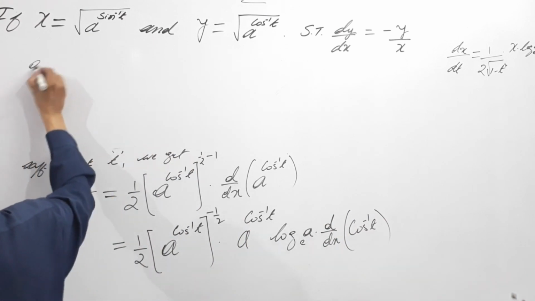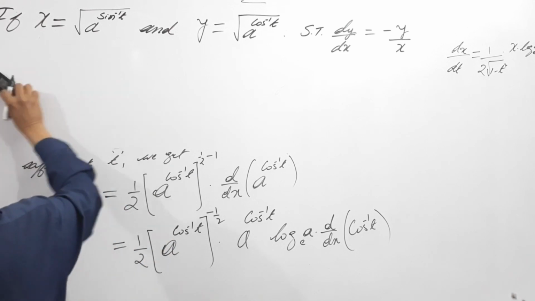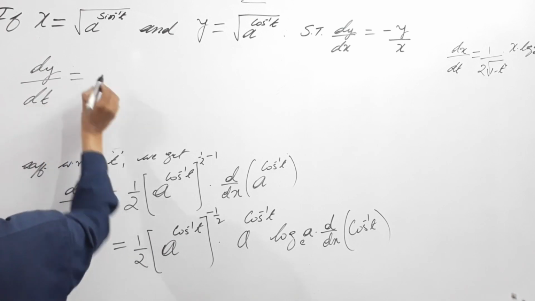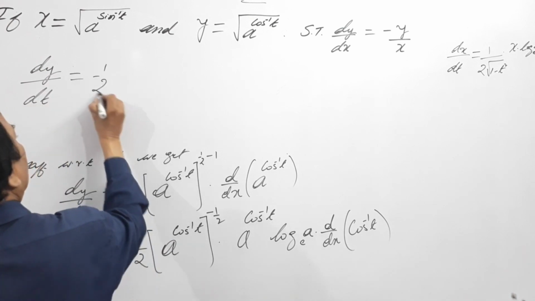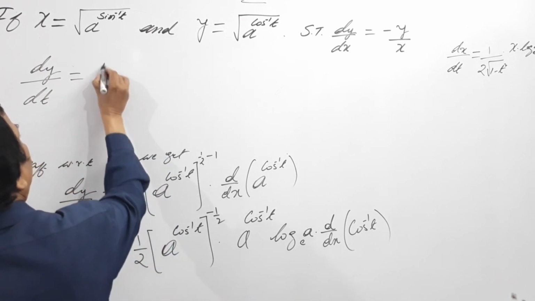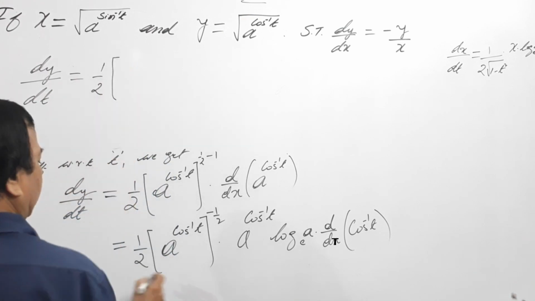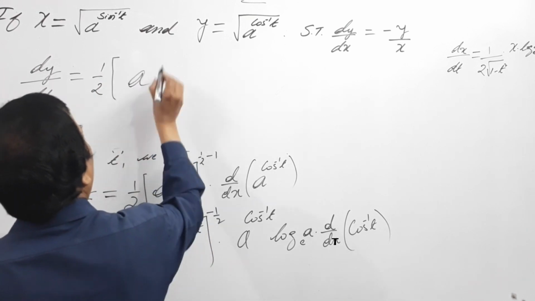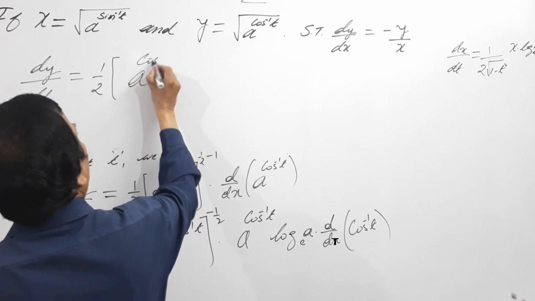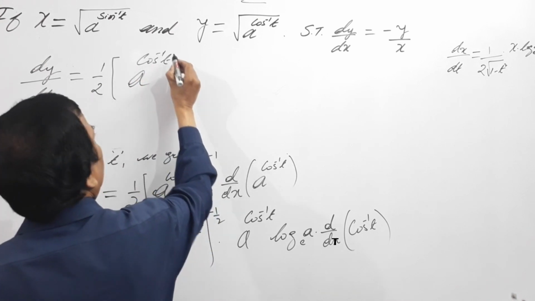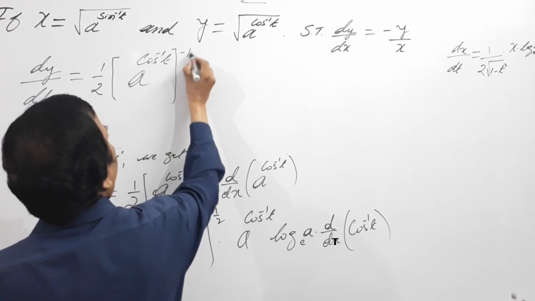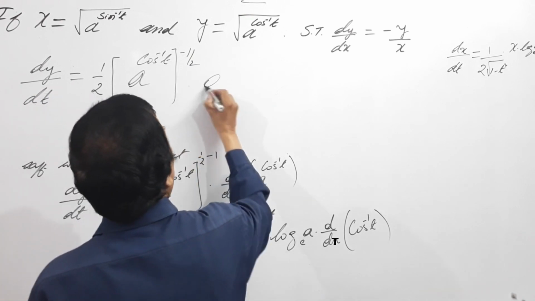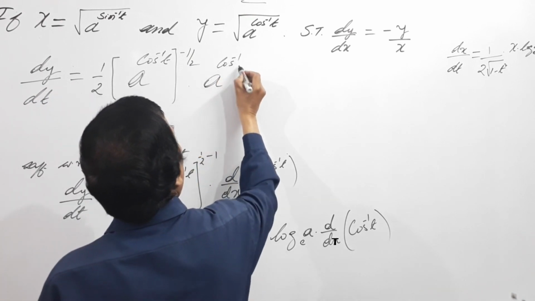Let's simplify. dy by dt equals to half a to the power of cos inverse t to the power of minus half into a to the power of cos inverse t.